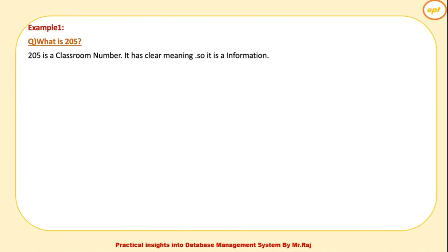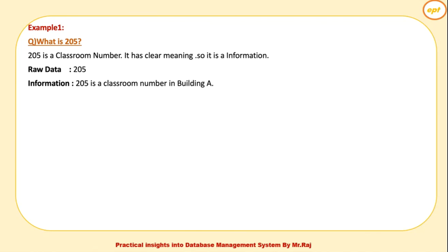Then if I say 205 is a classroom number, then it has a clear meaning, right? So you can call it information. Initially when I am just saying the integer number, it is raw data. Raw data is 205. Now I am adding the meaning and telling you the information. See, 205 is a classroom number in building number A. It has got a clear meaning, right?